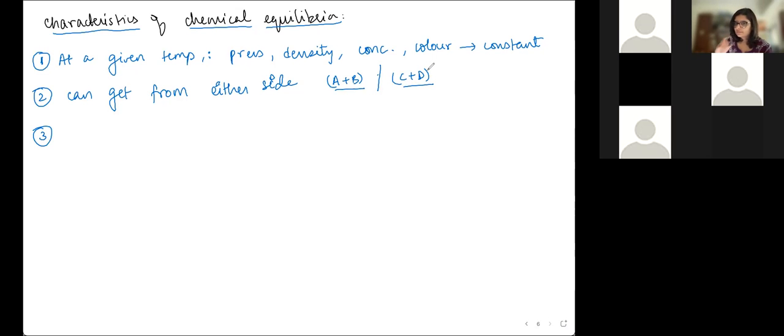Why can't this happen in physical equilibrium? You know what? Technically, yeah, you can get it with physical equilibrium also. There's a reversible process, hai na? Absolutely. You change up the conditions.